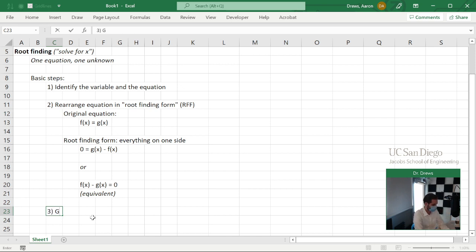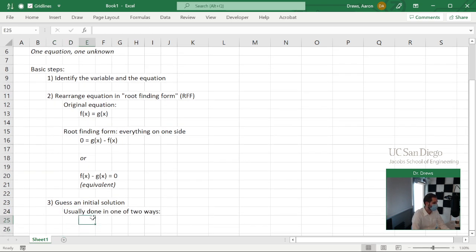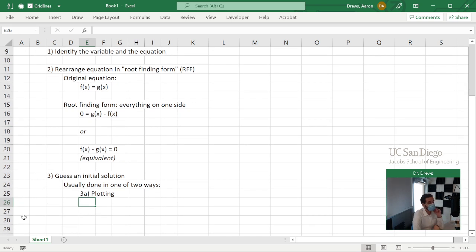Third step, guess an initial solution. We usually do this in one of two ways. The first is if you know nothing else about the problem, like let's just say it's a pure math problem, right? It has nothing to do with any physical situation or something like that, plot it. So that's the one that we're going to focus on in here.